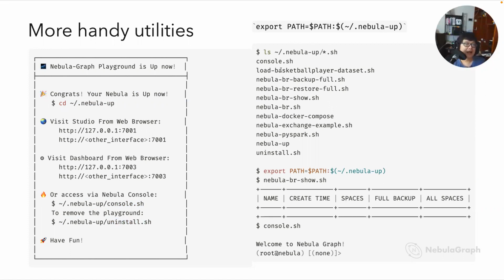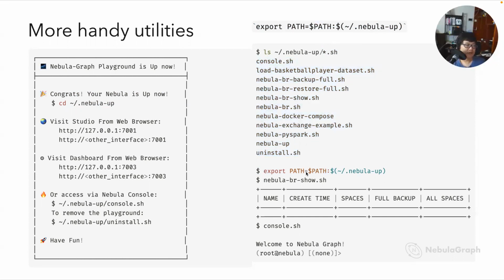So I put all the handy utilities under this folder, and they have the extension .sh. After you set your path environment to this folder, you will have all of this working without specifying the absolute path.